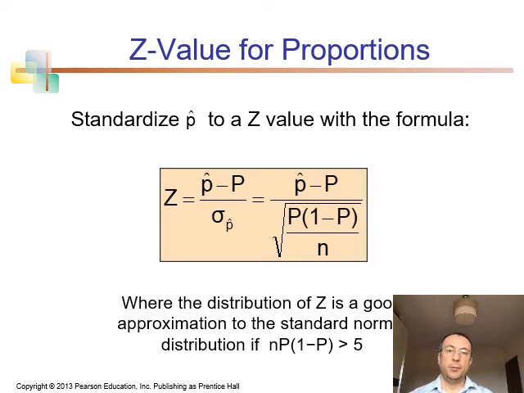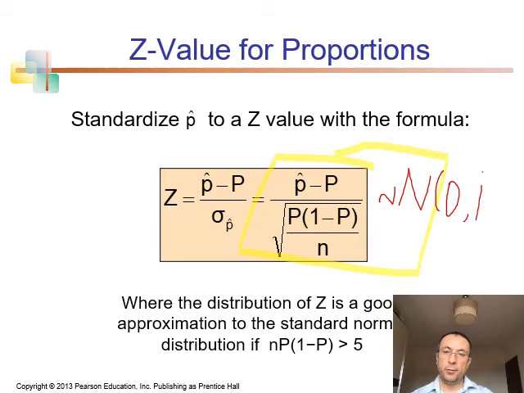So it becomes p hat minus p over the square root of p times 1 minus p over n. And that means this kind of distribution, again, will be distributed normally with mean equals 0, variance equals 1. So if you can convert the question into such a formula, then you can use the normal table.